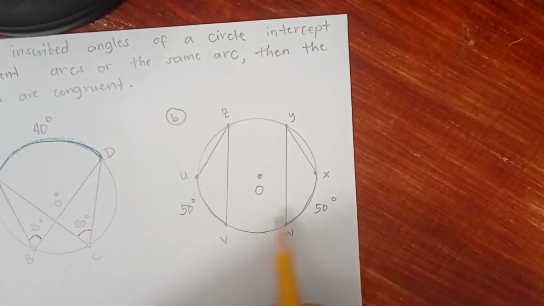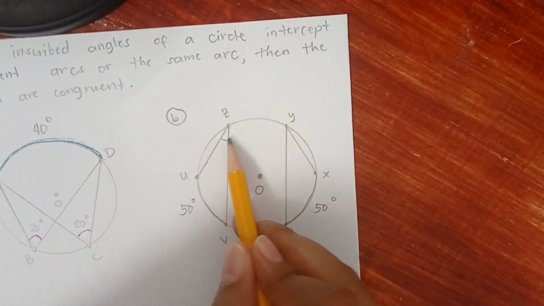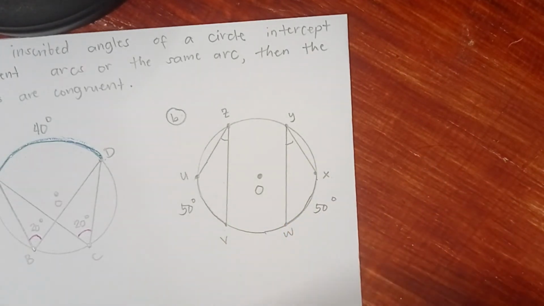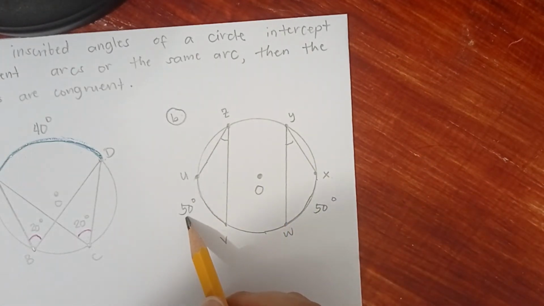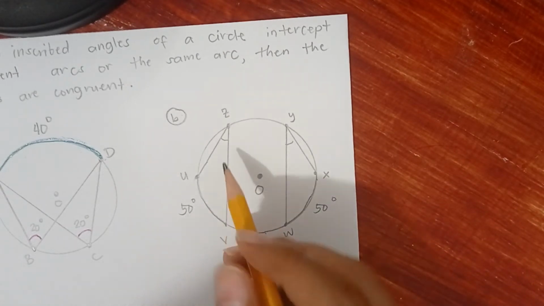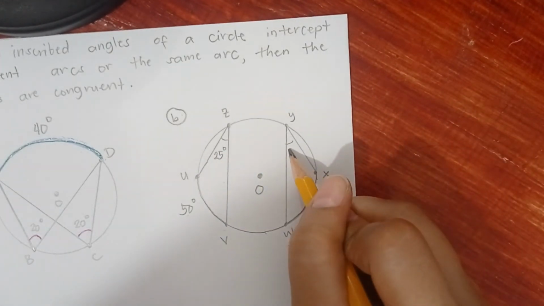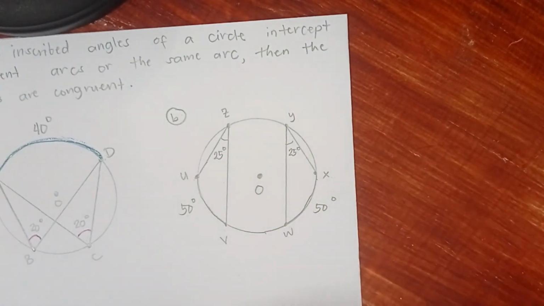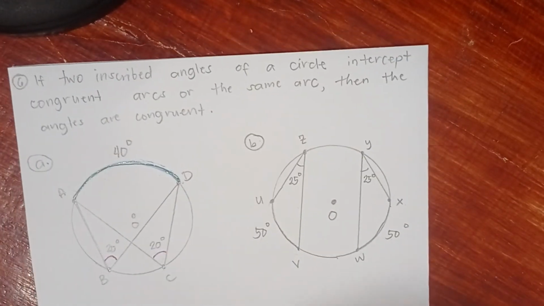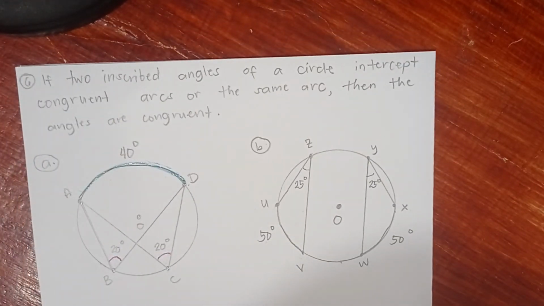So, dahil congruent sila, automatic, congruent din yung inscribed angles nila. So, kung ito ay 50 degrees, i-divide mo siya by 2. So, 50 divided by 2 will become 25 degrees. Automatic, 25 degrees din to. Okay? So, yun yung sinasabi na if two inscribed angles of a circle intercept congruent arcs or the same arc, then the angles are congruent.